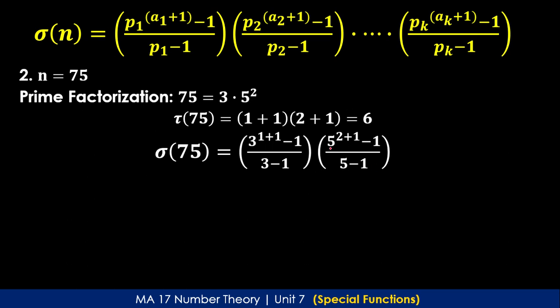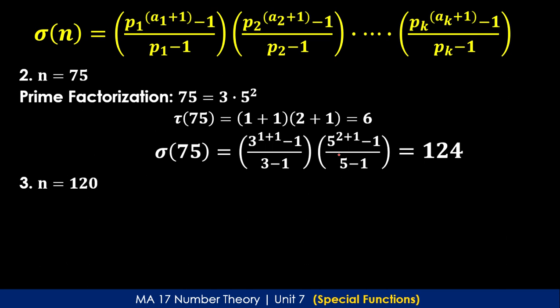And for the other prime factor, 5 raised to 2, add 1, and then minus 1, divided by 5 minus 1. If we solve that, the sum of the positive divisors of 75 is 124.